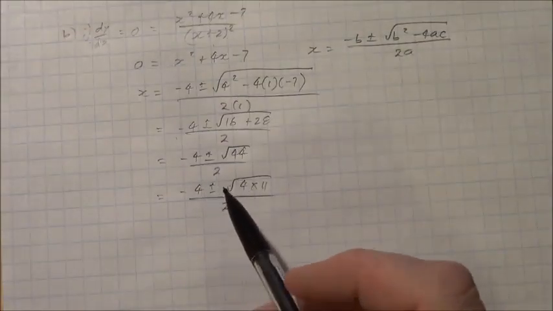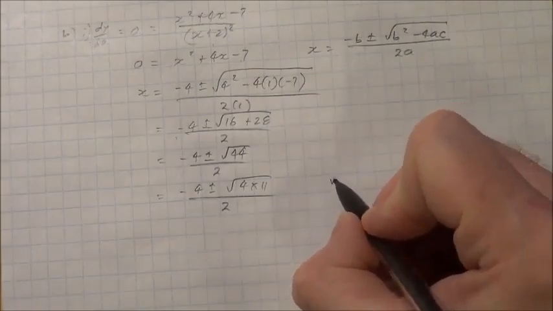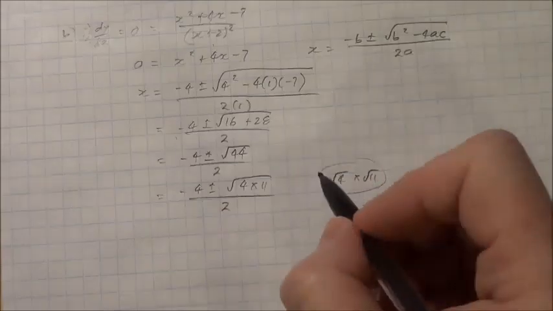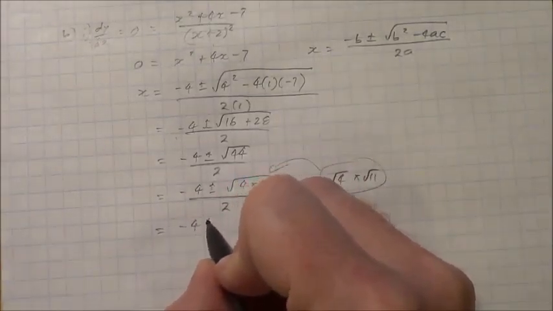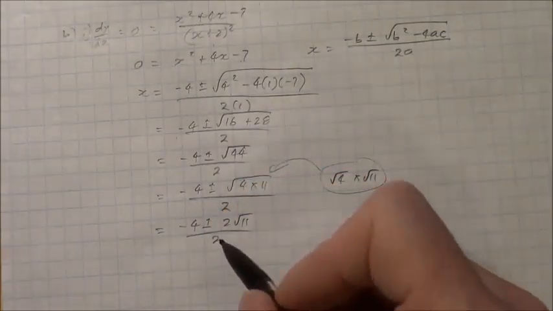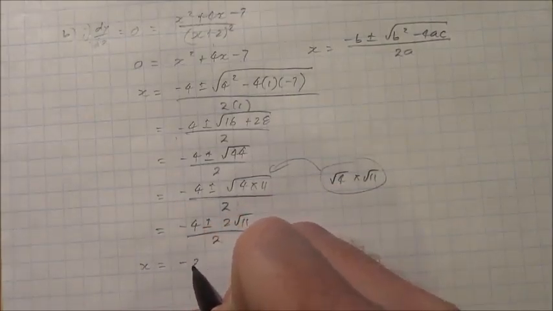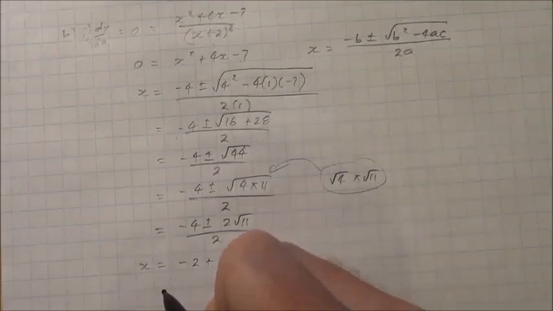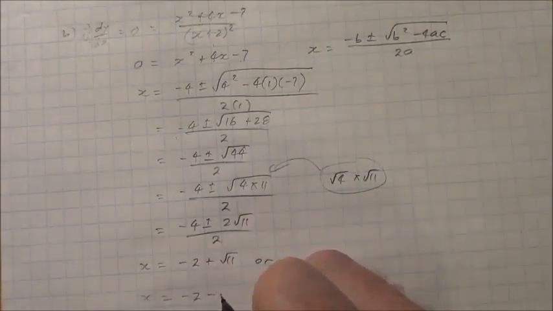When I take the square root of 4 times 11, that is actually root 4 times root 11. So therefore I can take the square root of 4, so I get negative 4 plus or minus 2 root 11 all over 2, and then I can simplify that to give me, and I'll break it apart here, x equals negative 2 plus root 11, or x equals negative 2 minus root 11.